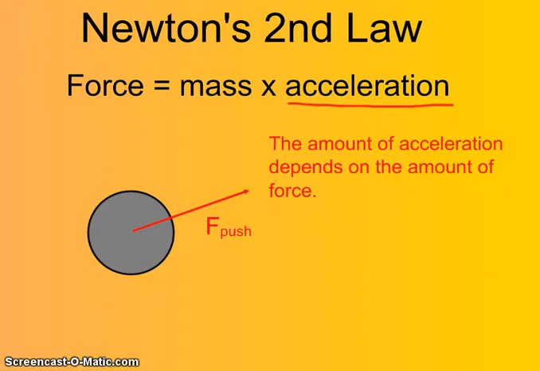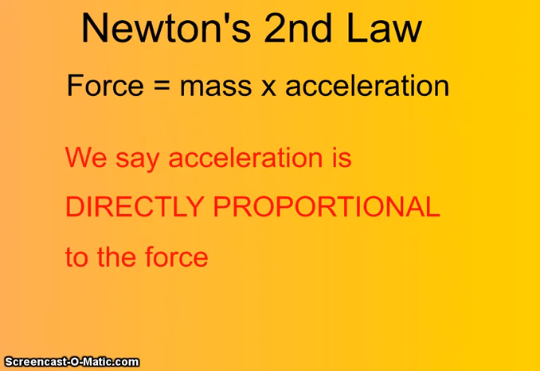The larger the force you apply to it, the larger the acceleration. We say that acceleration is directly proportional to the force. So in other words, as the force goes up, the acceleration goes up. They go up and down together.